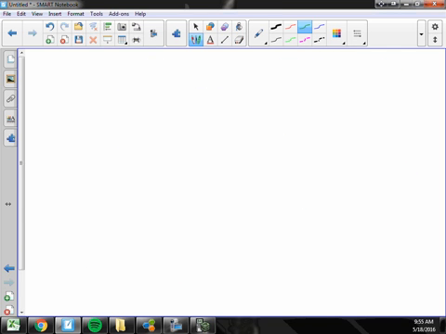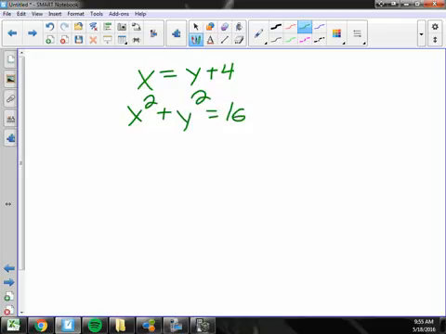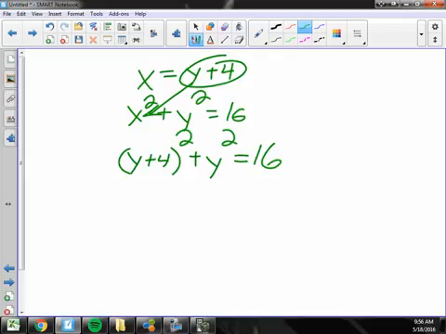It's probably easier just to use substitution. So x equals y plus 4, and I'm going to substitute that in here. So I get y plus 4 squared plus y squared equals 16. You guys follow so far?